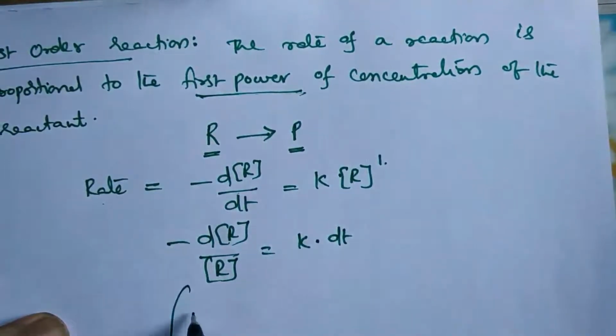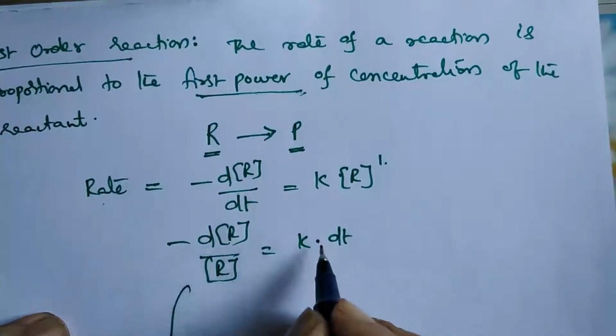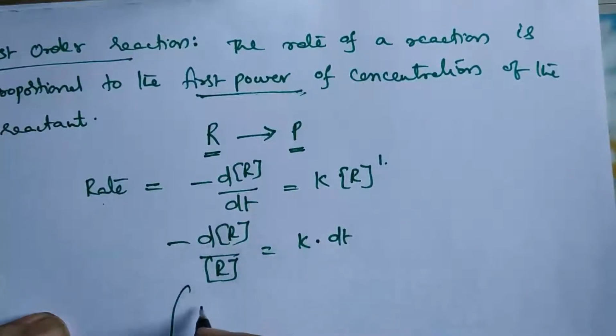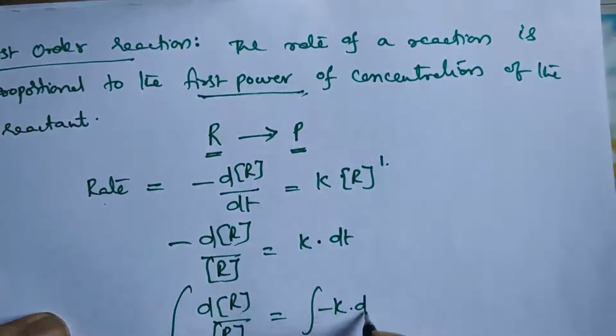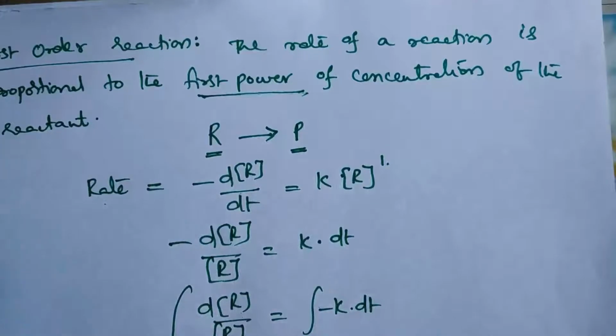That is integral, minus will be put to the other side. So that is integral dR by R is equal to integral minus k dt. So minus and then k, they do not change. Instead of dt it will become t.